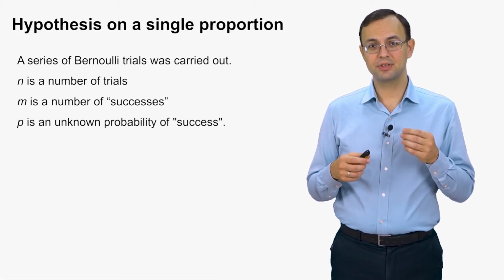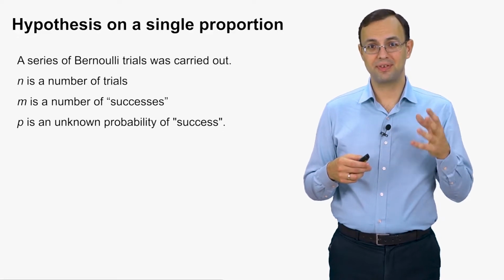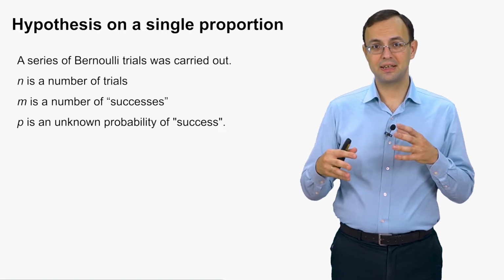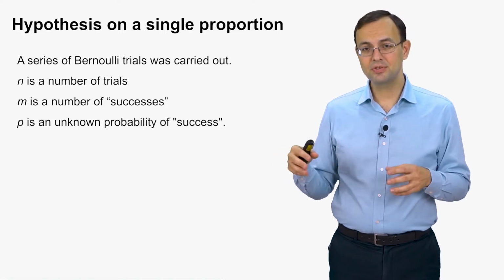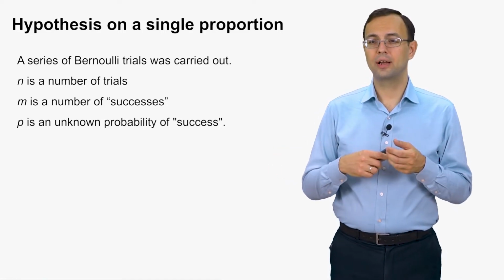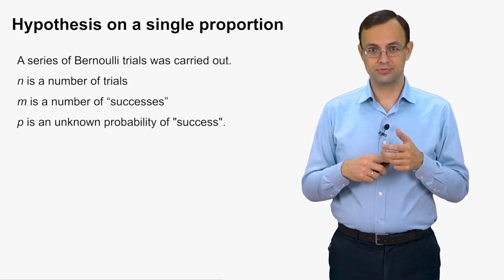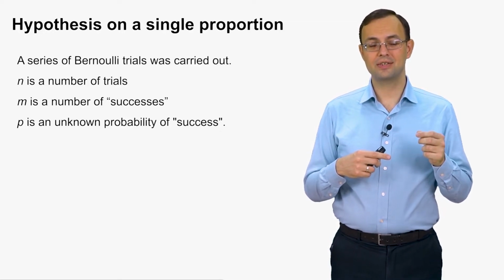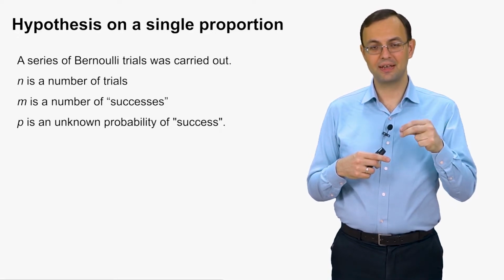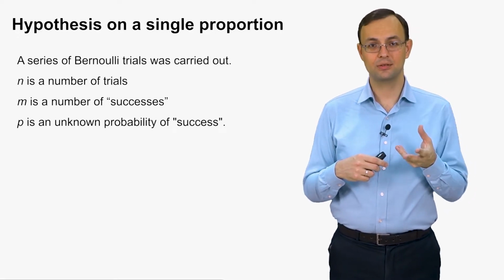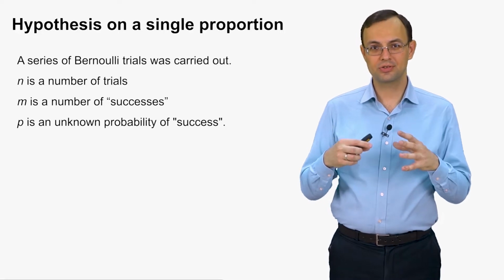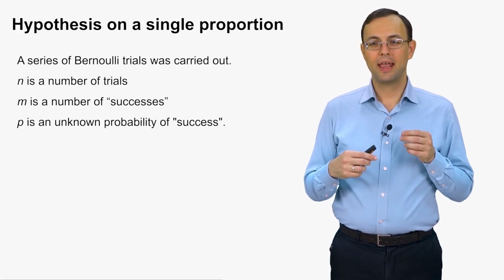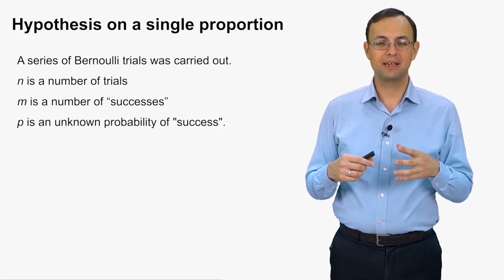As we are interested in the probability of some random event, we repeat the experiment this event is based on many times. So n is the number of trials, m is the number of trials that ended with the event of interest, so the number of successes. We interpret the occurrence of our event of interest as a success, and p is the unknown probability of success.